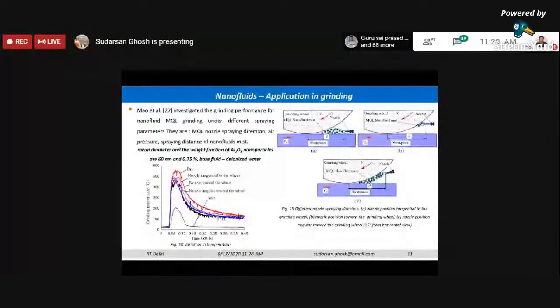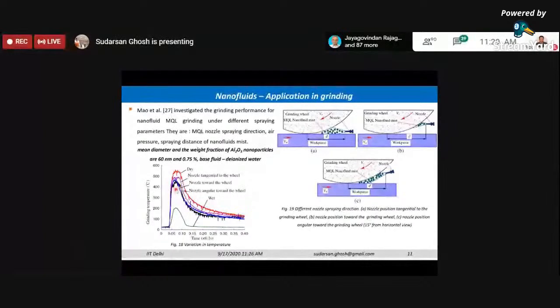Here you see the temperature which is produced for a particular nozzle which is tangential to the wheel. Now as you change the nozzle position, compared to the dry case, the temperature is decreasing. Of course, you see in the wet case, these are all results when we have used the conventional fluids.